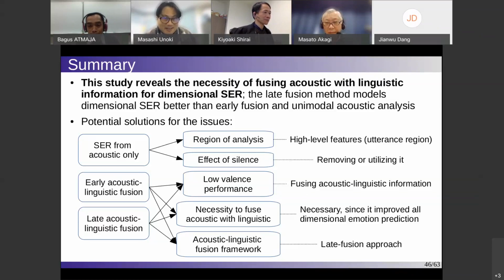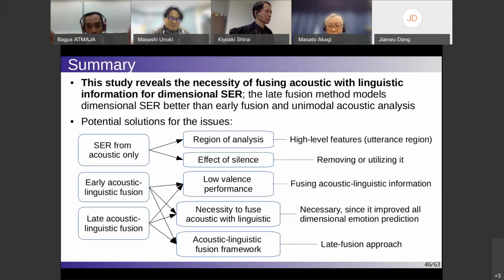Yeah, I conclude that statement because it comes from the third issue, the low valence performance. In unimodal we only obtain 0.1. According to the interpretation of CCC, it is poor, and using fusion we more than doubled it, from 0.1 to 0.4. So I think it solved the problem.